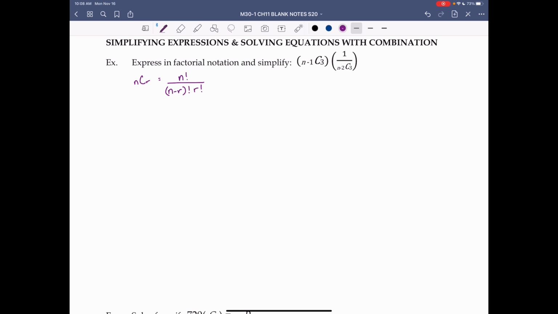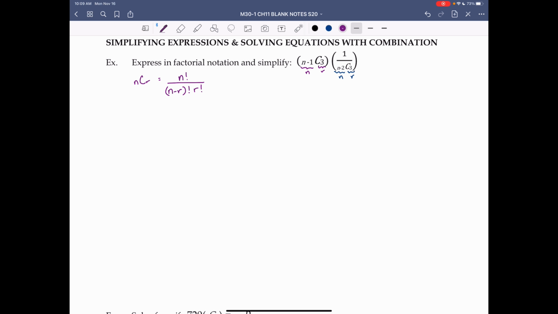In the combinations we have, n minus 1 represents our n in the general formula, and 3 is r. And here, n minus 2 is our n value, and 3, again, is the r value.